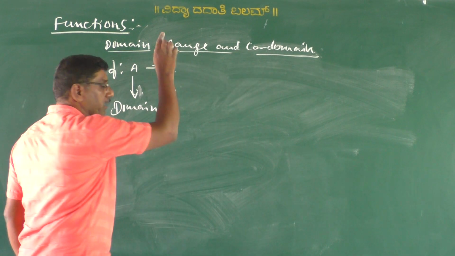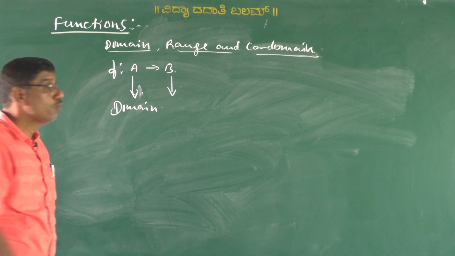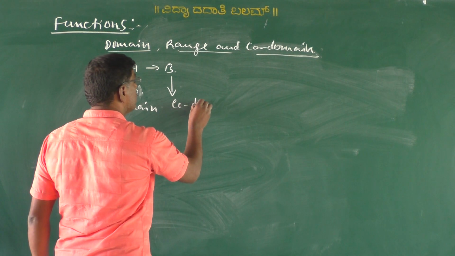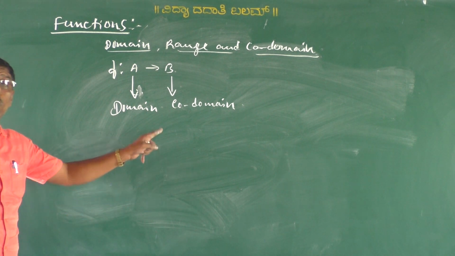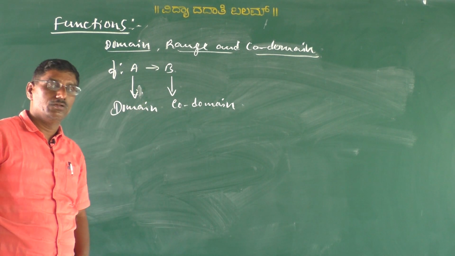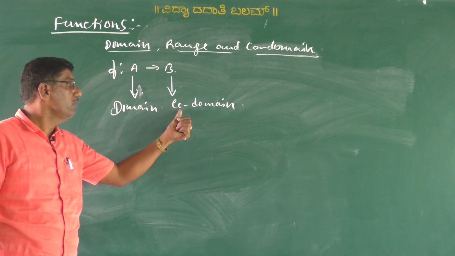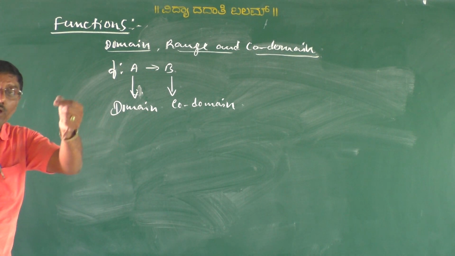The set B is what we call the codomain of f. Are you understood? The set B is what we call the codomain of f.